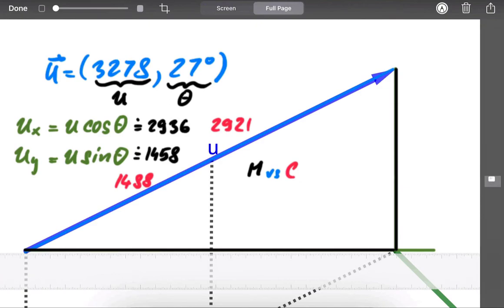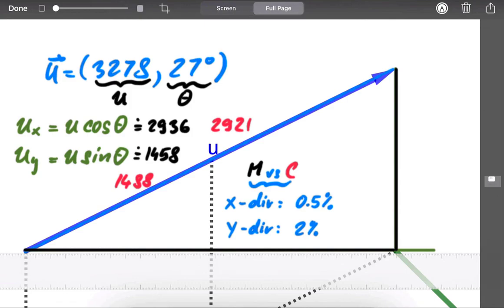And we can look for the percent difference between those two values. So the x direction leads to about 0.5%, and the y direction, that one is about 2% off.